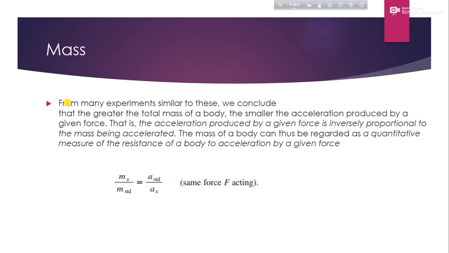Now, from the above discussion, we can write an equation. Before doing that, we can repeat experiments similar to this, and conclude that if the mass increases further, suppose we have taken up to 3 units of mass, if we take 4, 5 or larger mass, the acceleration will become smaller and smaller for a constant force.